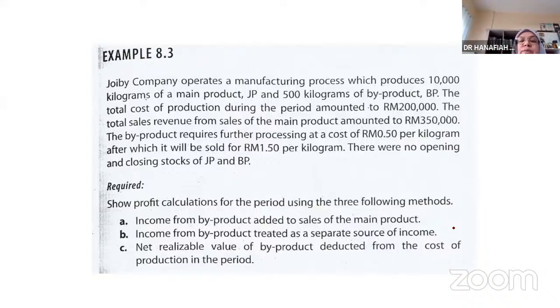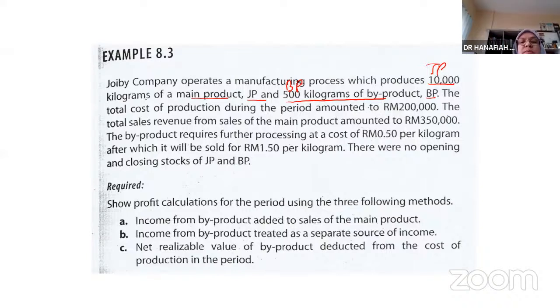Joy B company operates a manufacturing process which produces 10,000 kilos of main product, JP, and 500 kilos of BP. JP is the joint product, and BP is the byproduct.